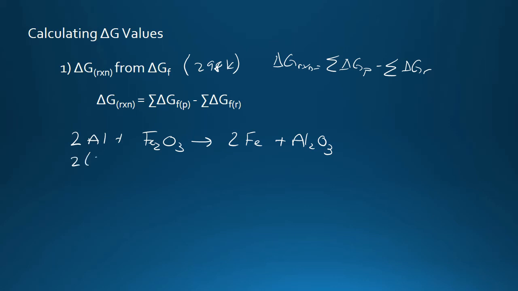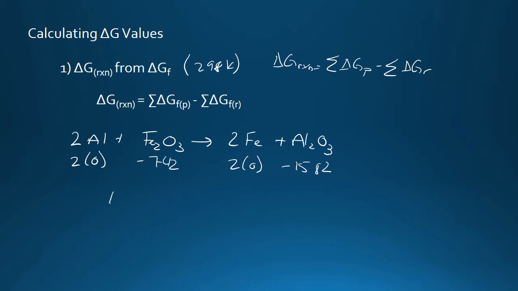So we have 2 aluminums, and just like any formation, a pure element does not have a value. Iron 3 oxide has a value of negative 742. Iron, no value. Aluminum oxide has a value of negative 1582. So go through and find the delta G of the reaction.